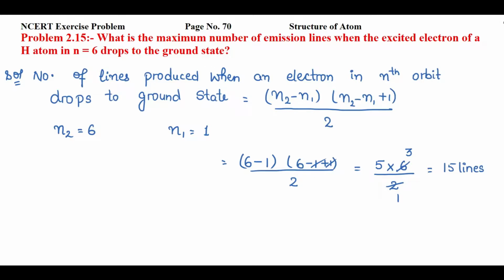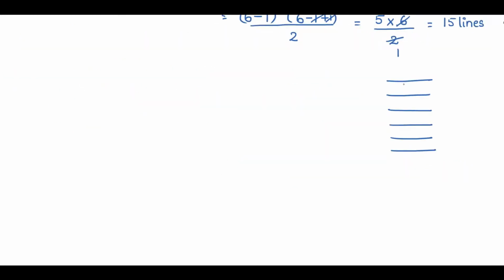Now we'll see this question in detail. I am assuming that this electron is in the 6th orbit. This one n equal to 1, n equal to 2, n equal to 3, 4, 5 and 6. Now the best possibility is that this electron first comes from the 6th orbit to the 5th orbit, then 5th to 4, 4 to 3, 3 to 2, 2 to 1, right?